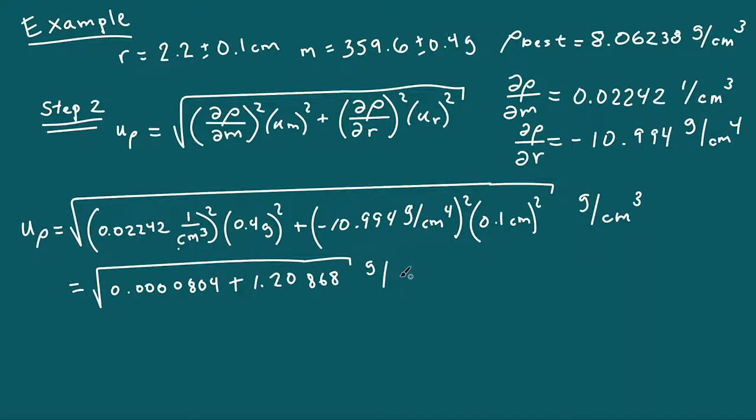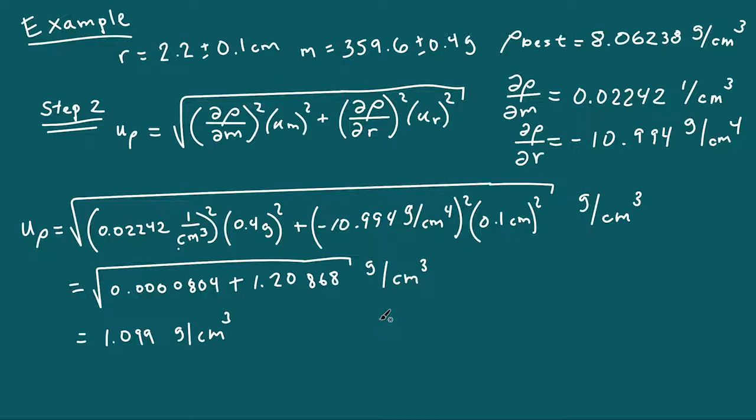Square root of that is grams per cubic centimeter. And plugging this into the calculator gives a value of 1.099 grams per cubic centimeter.